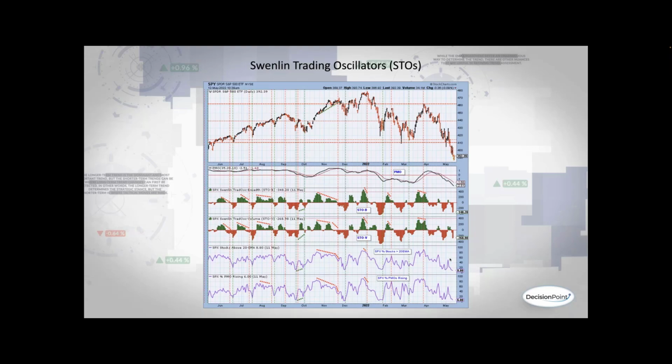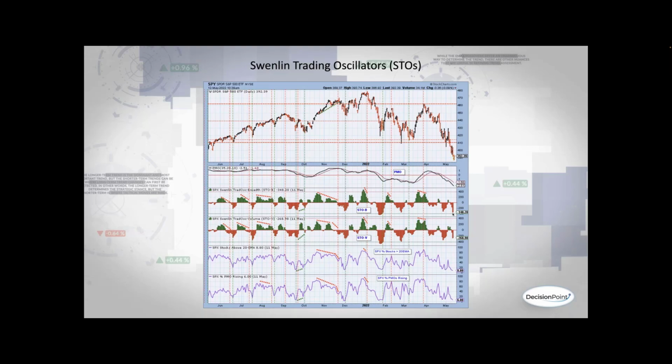And then the other thing that we look at in this case, in the short term, is the percent of stocks above their 20-day EMA. We looked at that earlier, but this is a really good indication short term as to the strength of the internals in the market. As you can see at this point, it is oversold, which is a good thing.